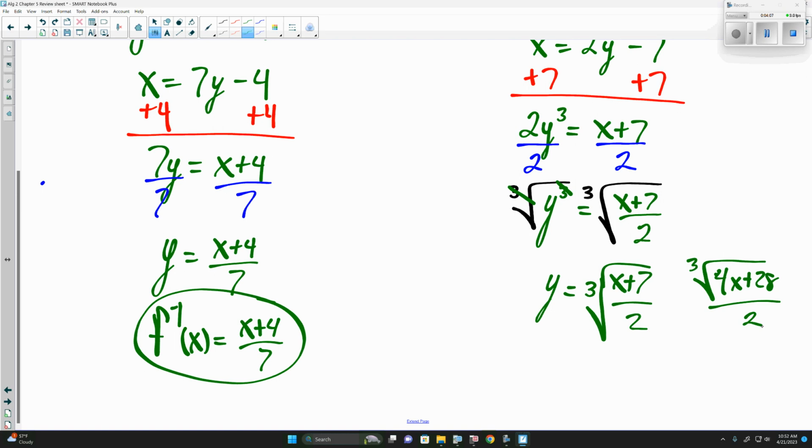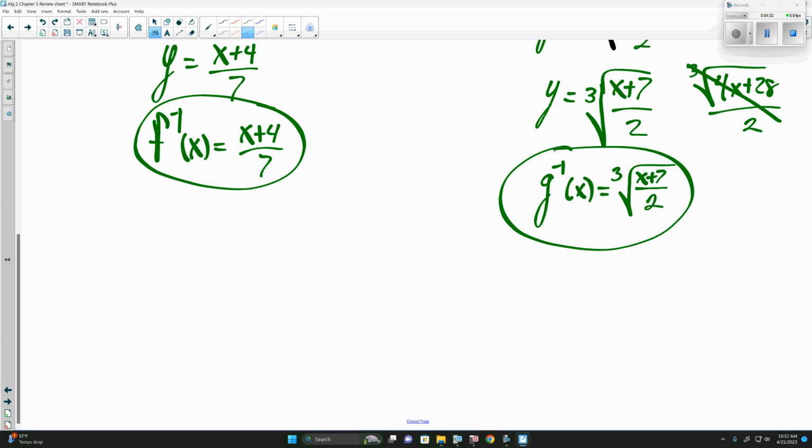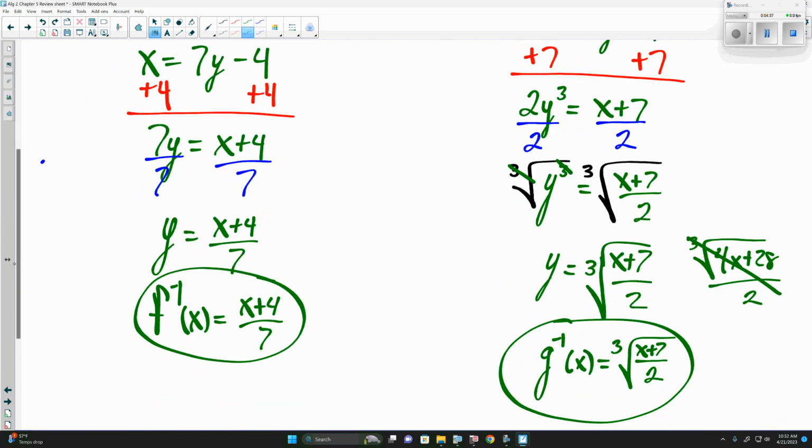It's a completely different function. But we don't have to do this. The only other thing is we have to rewrite it as g inverse of x is equal to the cubed root of x plus 7 over 2. Now for this one here, we use g inverse because we started out with g of x. Any other questions on these two here? Are we good with 42 and 43?